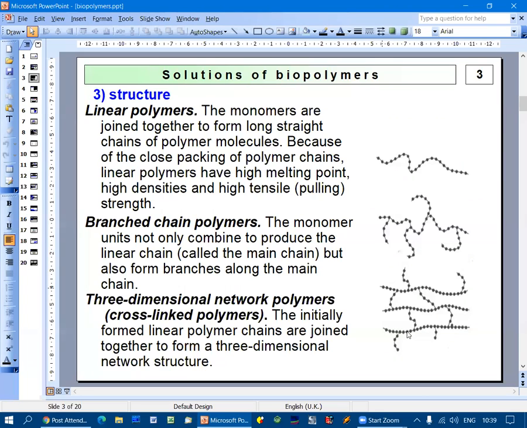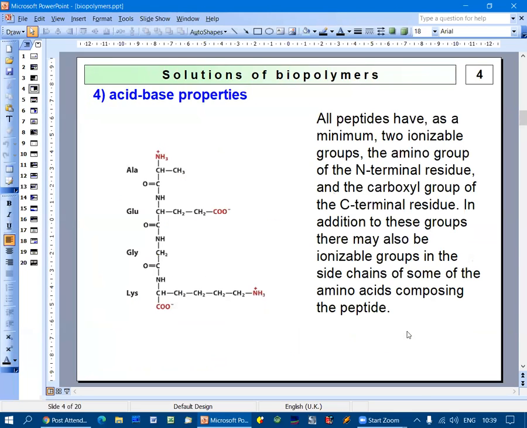Of course, probably the most important property of proteins is their acid-base property.